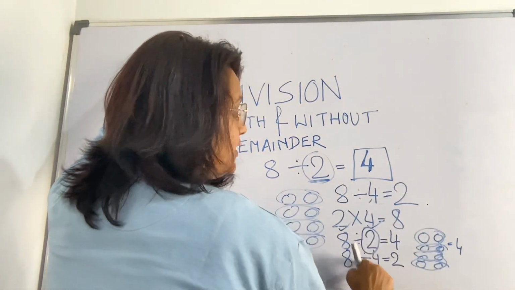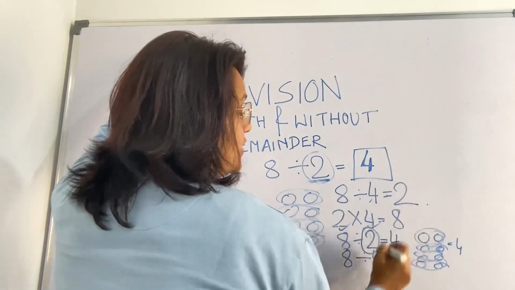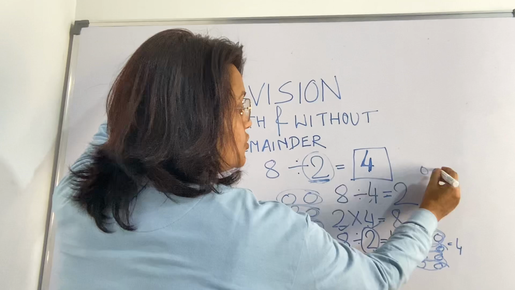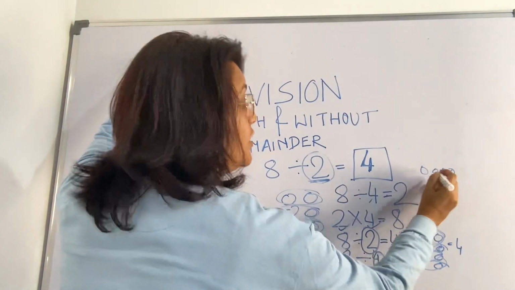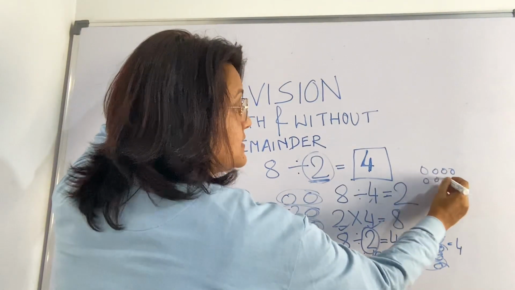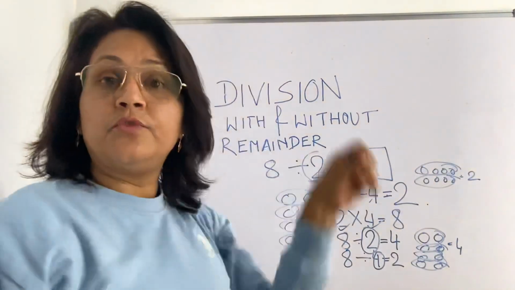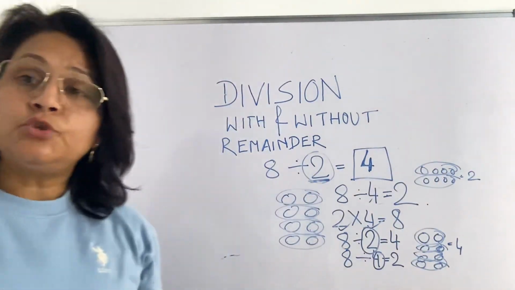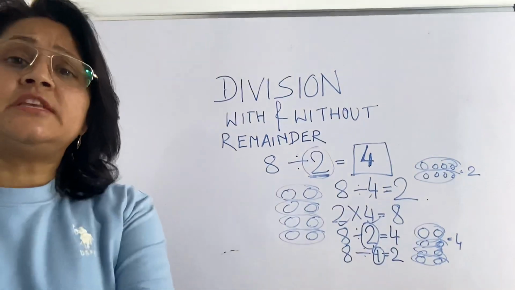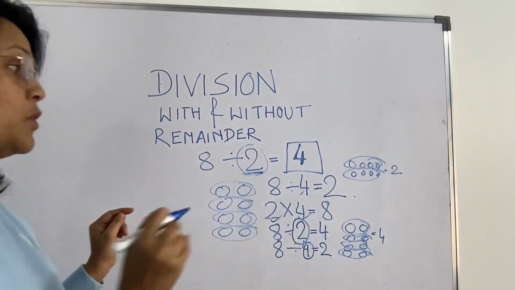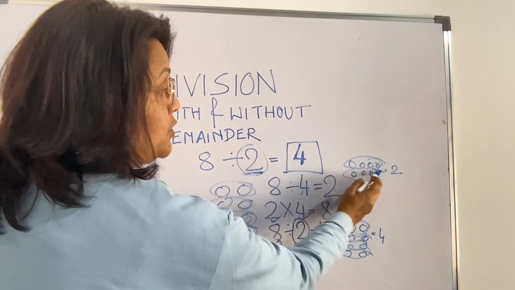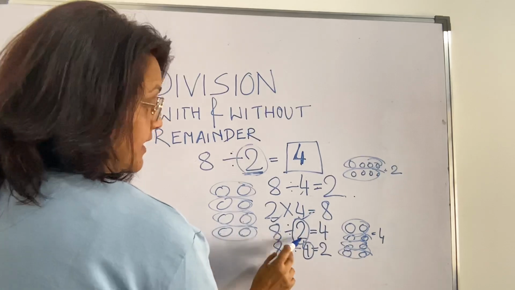And then when we are doing 8 divided by 4, we are making groups of 4: 1, 2, 3, 4, the number of objects is 4 in one group, then 5, 6, 7, 8. We get the answer as 2 groups. So this concept is very, very important, which is helping you to understand 8 divided by 2.